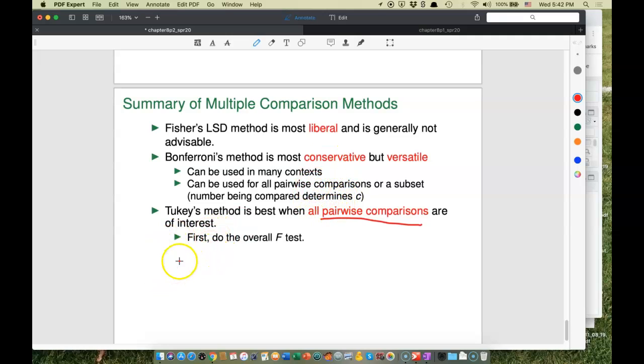There are other methods that I've talked about when I've taught this class. It sometimes depends on the text I'm using. One of the names you'll see is Scheffé's method. That actually takes into account all linear combinations, which is a bit more general than pairwise comparisons, because it may be that part of your expectation is that you want to compare the average of 2 groups versus the average of another 2 groups, or compare all the groups with the control group.